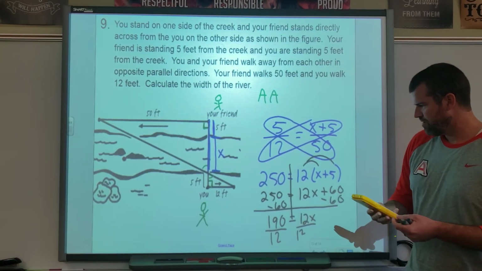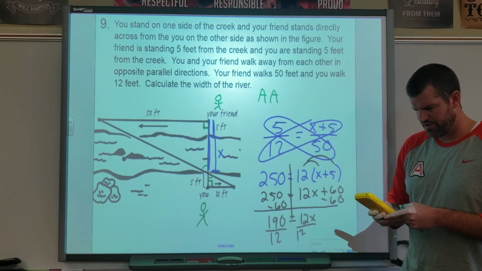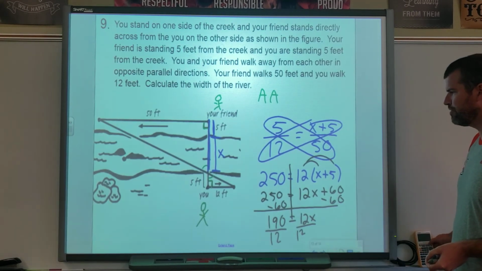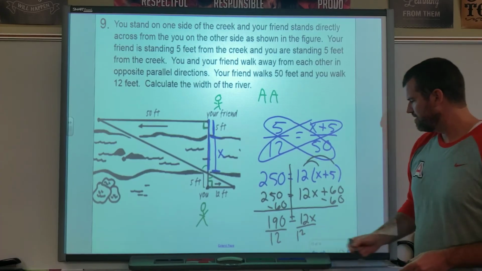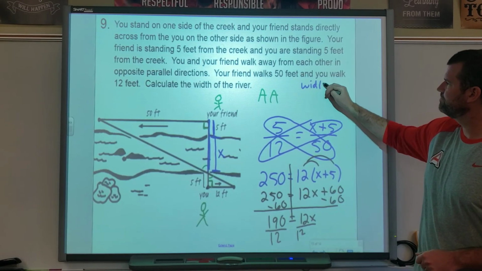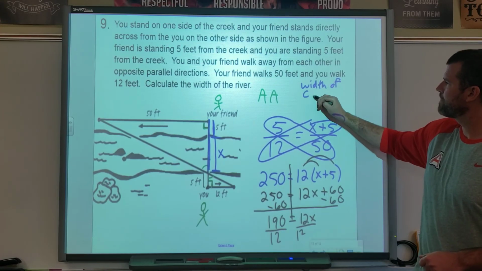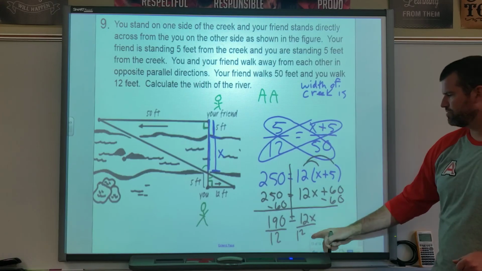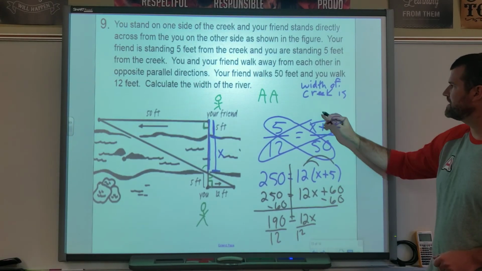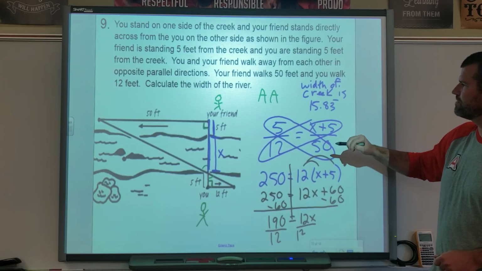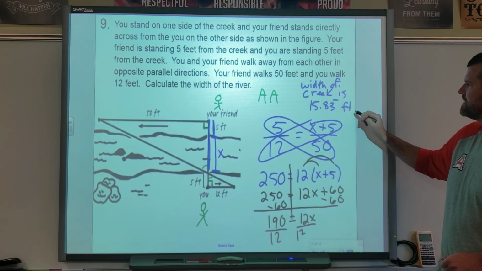All right. 190 divided by 12. And I got 15.833333. So I can say that the width of the creek is my x, which we found to be 15.833333 feet.